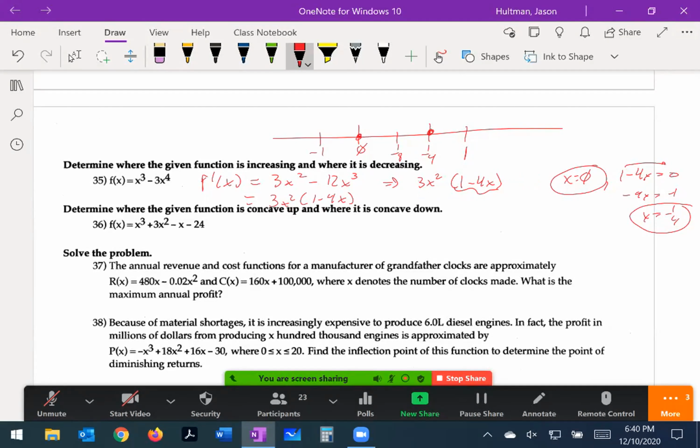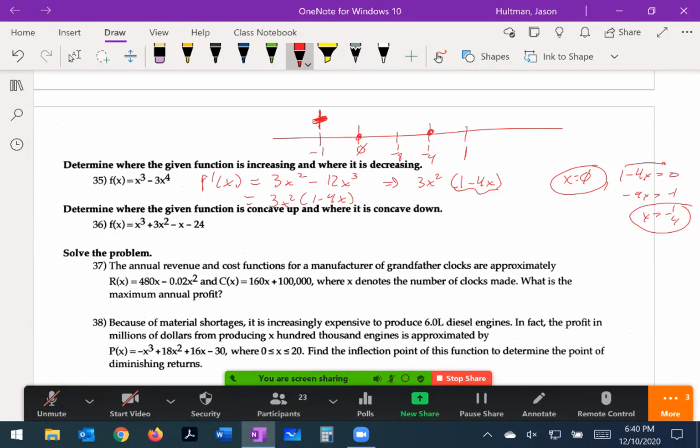Well, 1 minus 4 times negative 1, that's a positive 4. 1 plus 4 is 5, so this is positive.